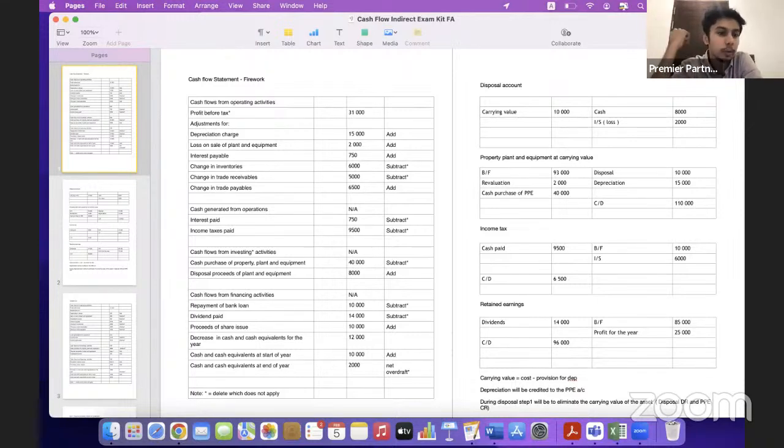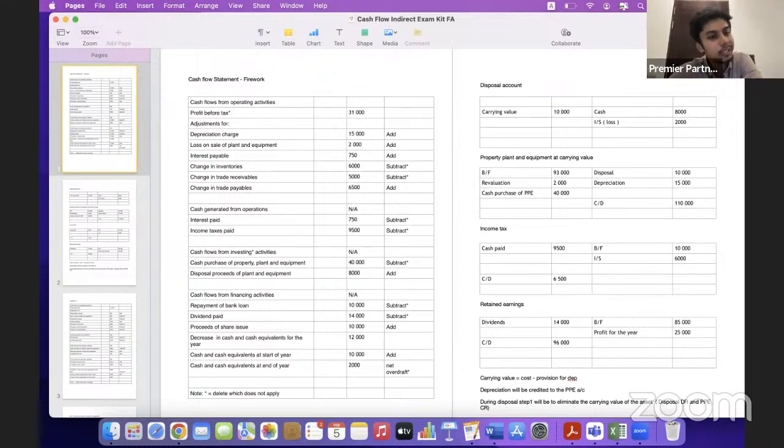In your paper, there are 2 areas, section A and section B. Section A, you will be tested on the entire syllabus, right? You will be getting 35 questions, and those 35 questions will come from the entire syllabus. Each question 2 marks. Then you have section B, where you have 2 questions, each 15 marks.